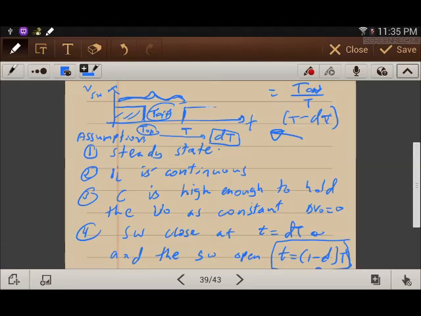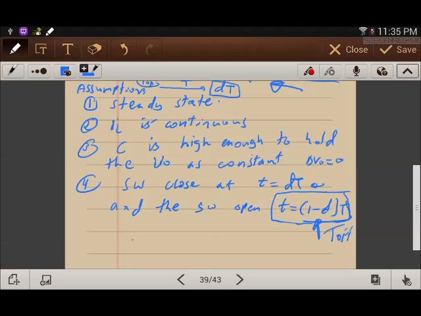So the total duration of the period minus T on will give me T off. So this is where I got this one.